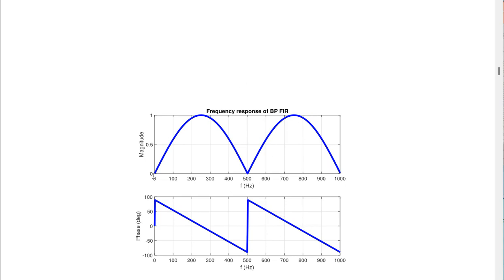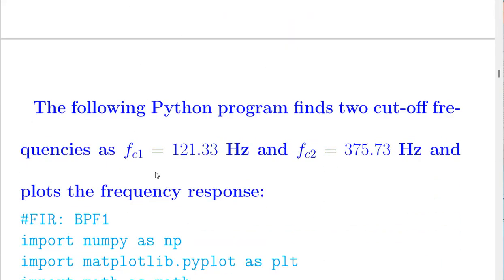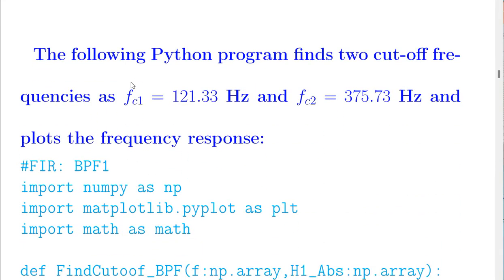Otherwise, it suffices to present from here up to half fs. The following Python program finds two cutoff frequencies, the first one 121 and the second 375, and plots the frequency response.